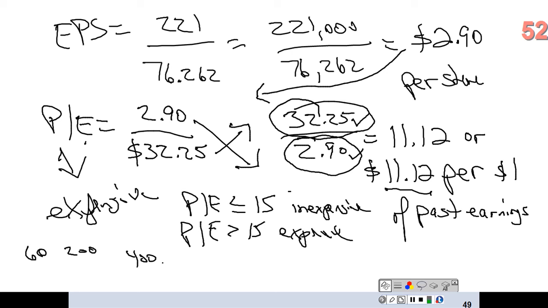Now, what that means is eventually investors are going to look at this and say, a PE ratio of 400, that is crazy. I need to sell this before something happens. And so guess who gets burned when a stock market collapses? It's normally the small investor who gets in last.